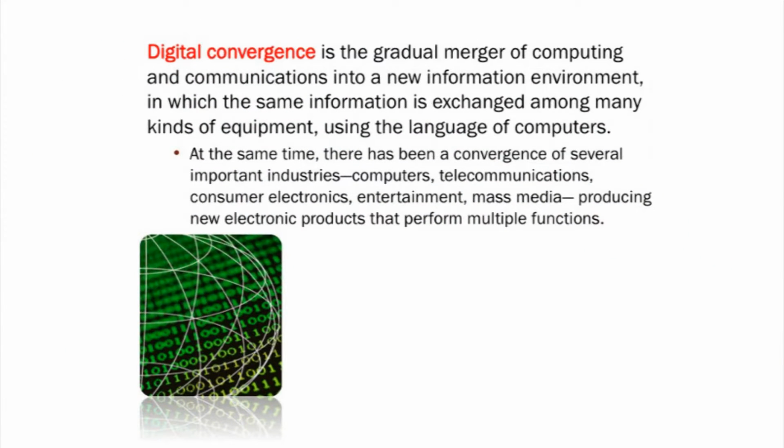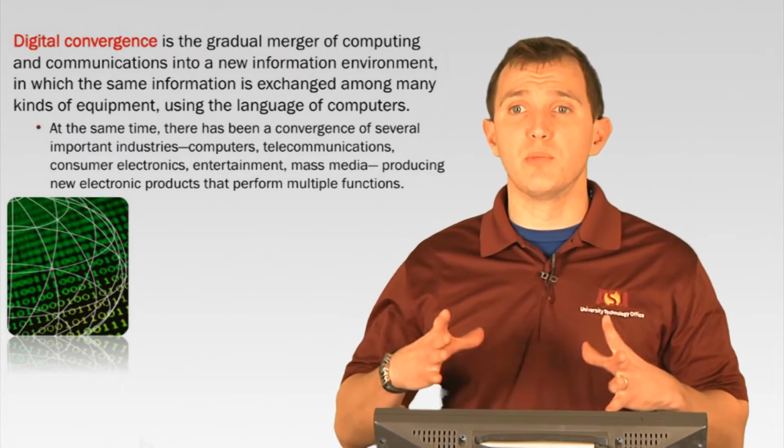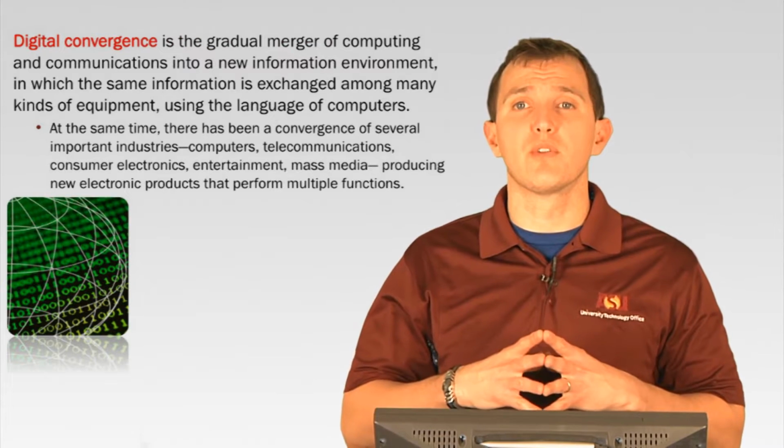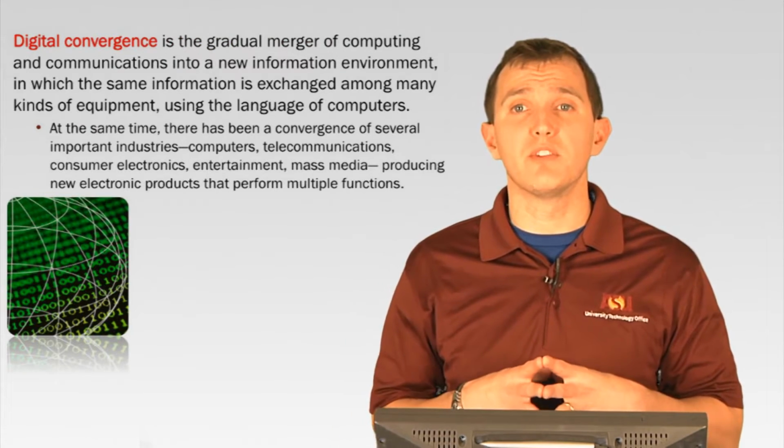As we touched on briefly in the first chapter, the concept of digital convergence is the gradual merger and consolidation of different mediums of computing and communications into a brand new information environment.